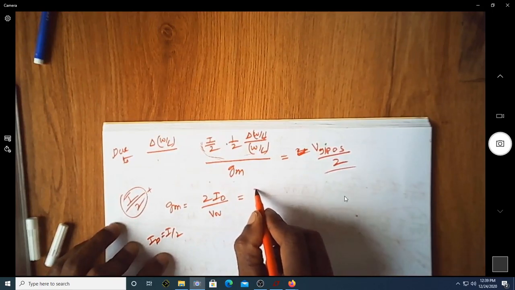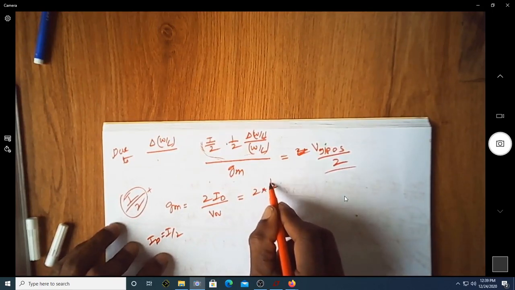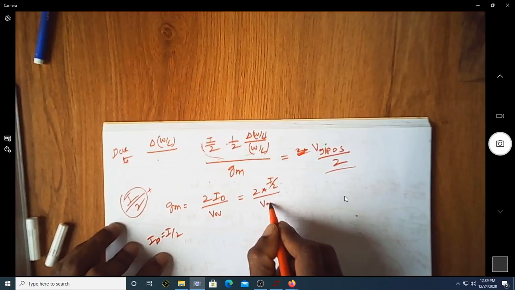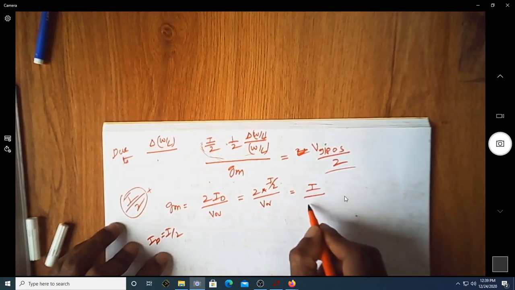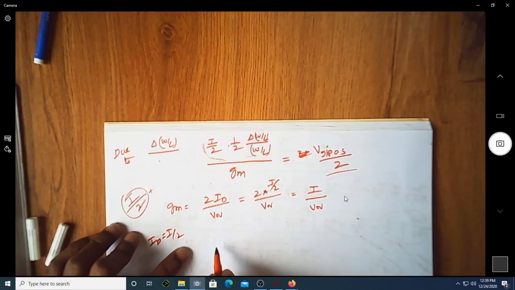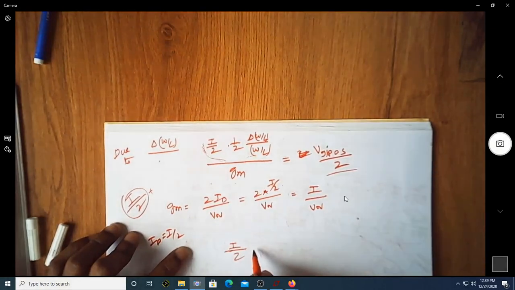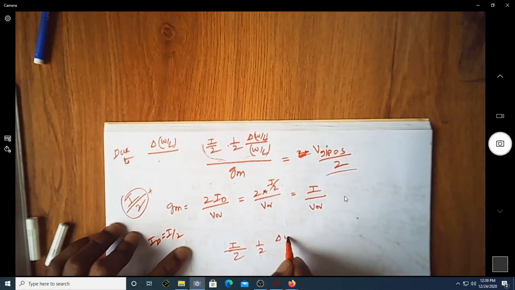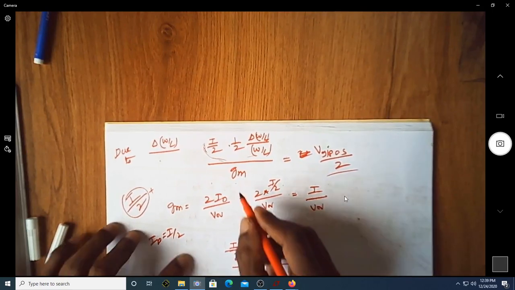So I can write it as 2 into I by 2 divided by VOV, which is I by VOV. Let me rewrite this: half delta W by L divided by W by L. So what is my Gm?